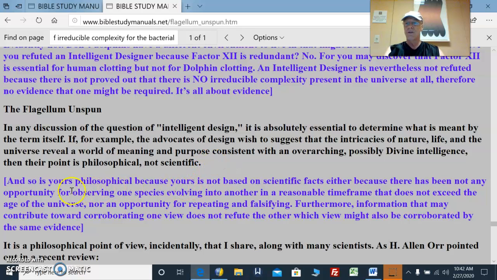And so is yours philosophical, I say, because yours is not based on scientific facts either, because there has not been any opportunity for observing one species evolve into another in a reasonable time frame that does not exceed the age of the universe, nor an opportunity for repeating and falsifying, because you have to see the whole process. Furthermore, information that may contribute toward corroborating one view does not refute the other, which view might also be corroborated by the same evidence, more or less, right?